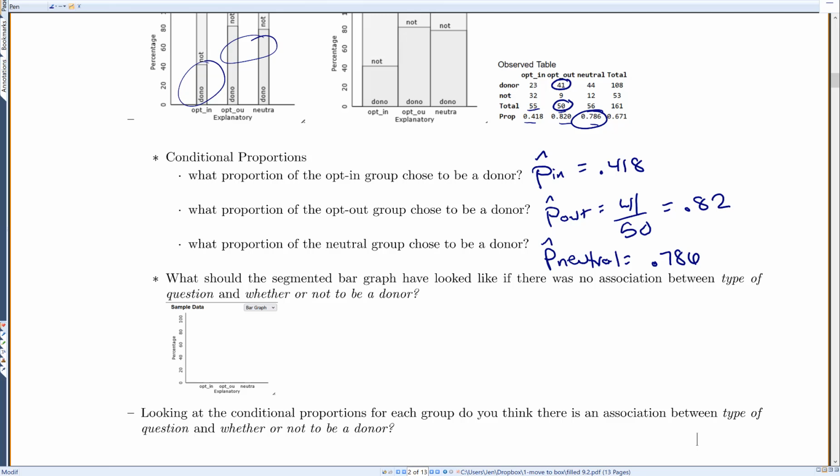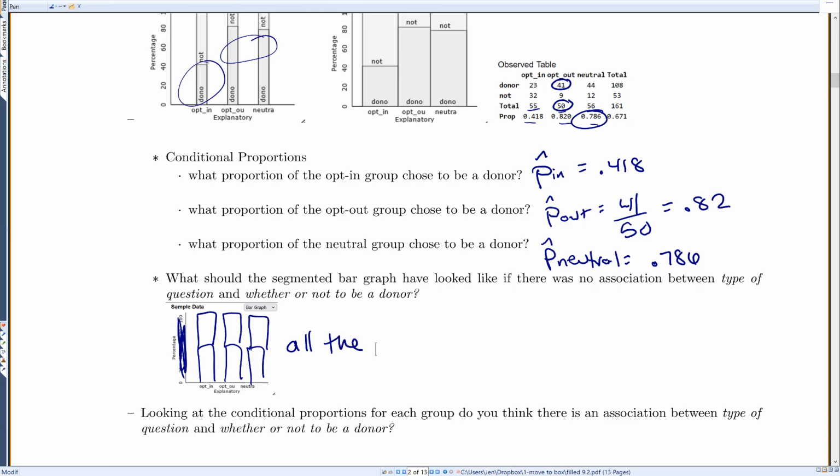Now, what should the segmented bar graph have looked like if there was no association between the type of question and whether or not there was a donor? Well, if you think about it, if there was no association, then we should have had something where the bars were all equal. Sorry, it's a segmented bar graph, so it should have looked like this.